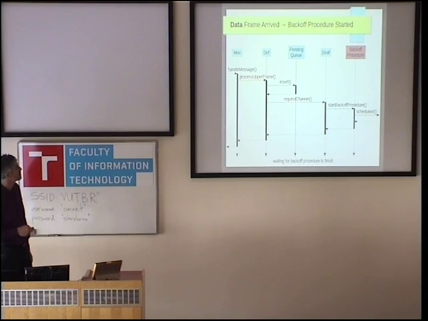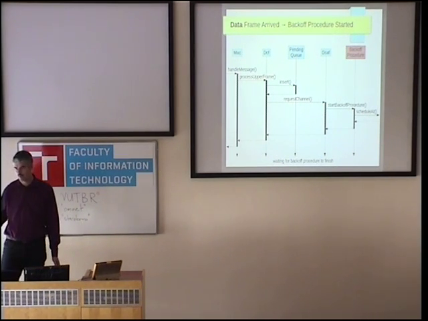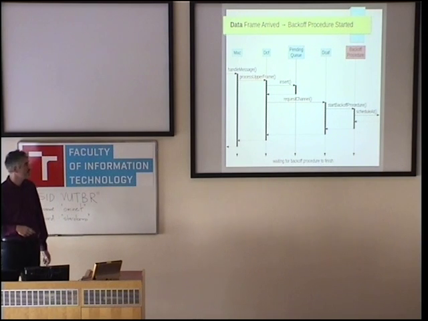So this is the first part. When the data frame arrives at the MAC from the higher layer protocol, what happens first is the MAC just decides that this station is not a QoS station, so the frame has to be sent to the DCF coordination function. The DCF unconditionally inserts the frame into the pending queue, and then looks at whether it has the channel.